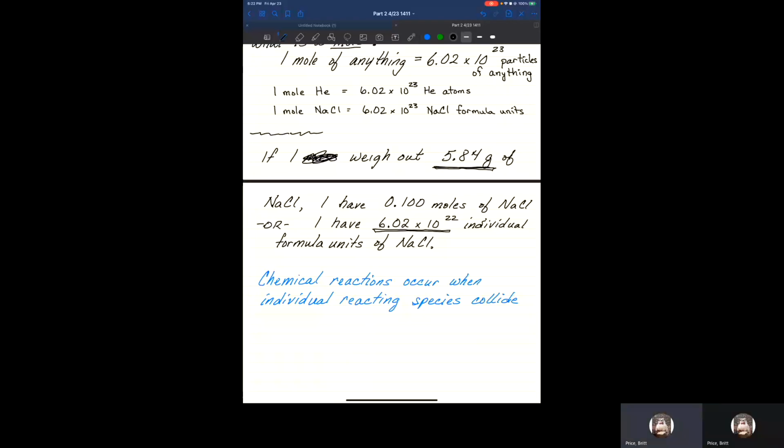So we need another unit to describe a bunch of individual little pieces. That's what the mole does. It holds the number of individual pieces. And some questions are just better off asked about how many boxes rather than how many individual pieces.